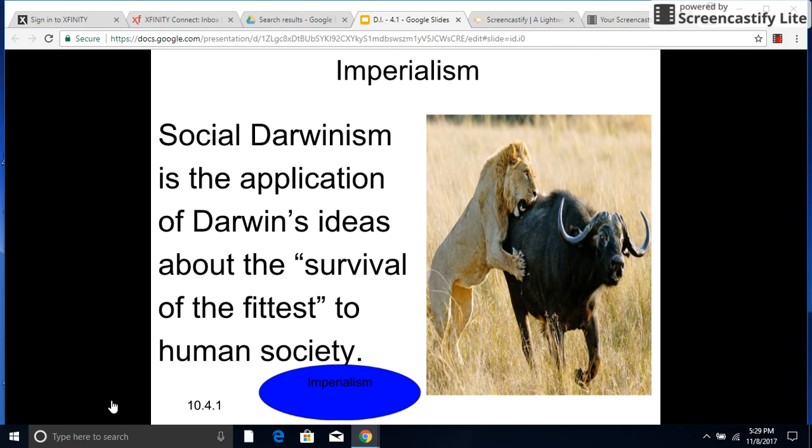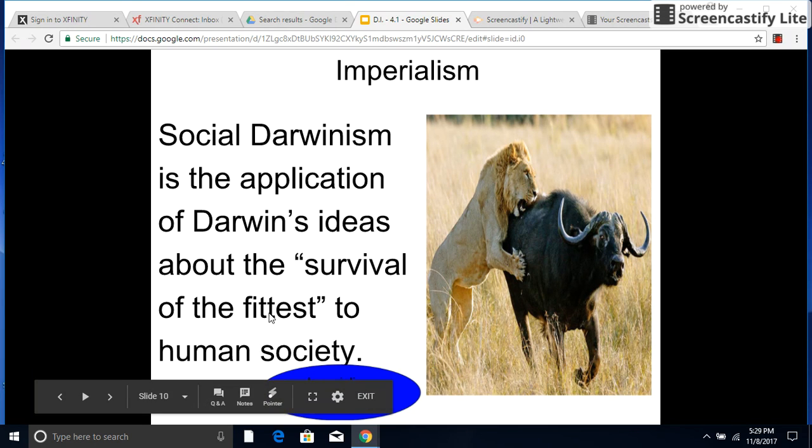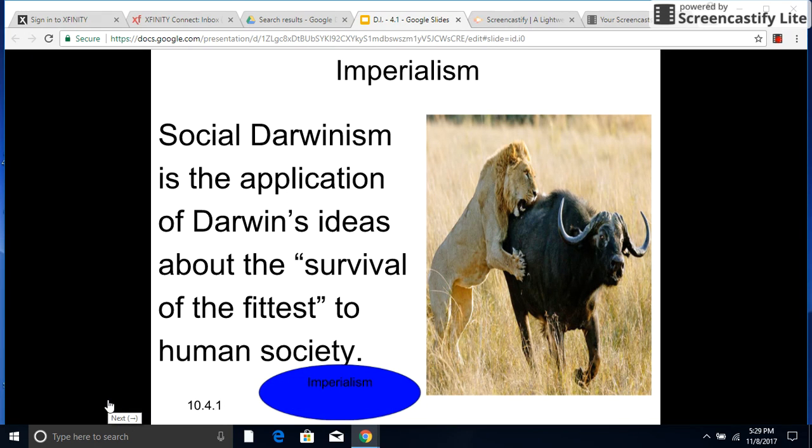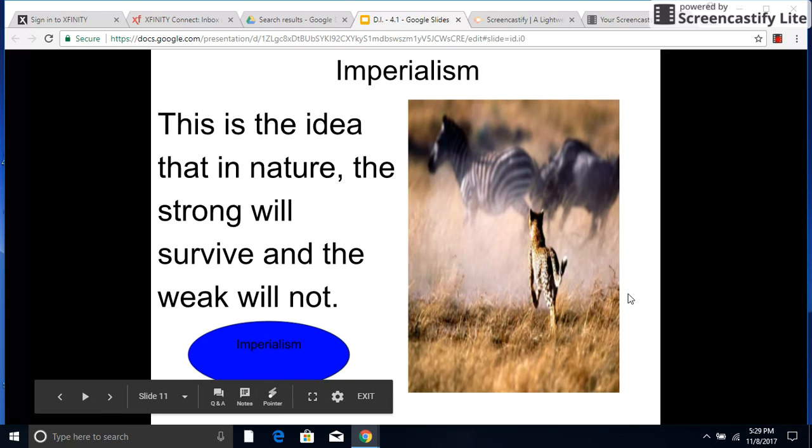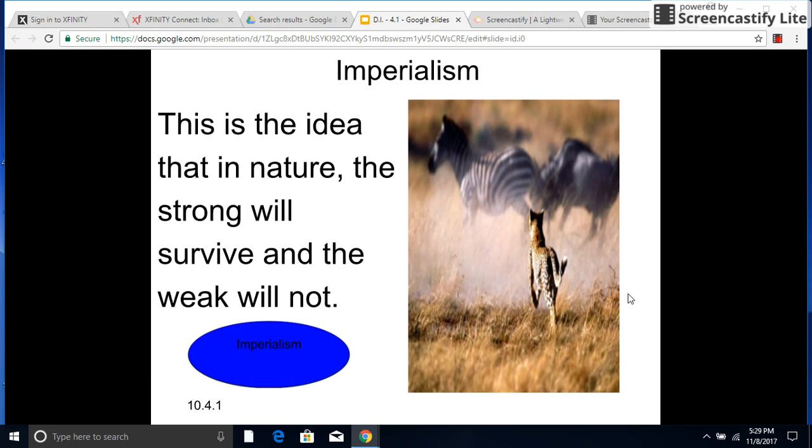Charles Darwin and his theory of evolution stated that only those species of animals that are strong survive, and many began to apply his theories to international relations and the fact that strong nations will conquer weaker ones. This is the idea that in nature, the strong will survive and the weak will not. And social Darwinism applies that to nations.